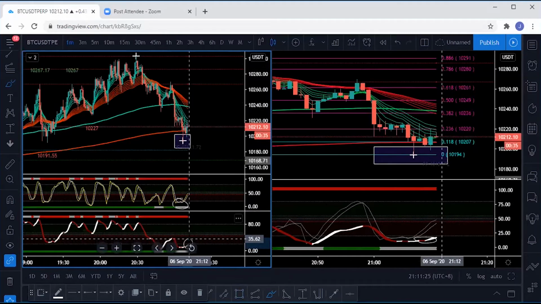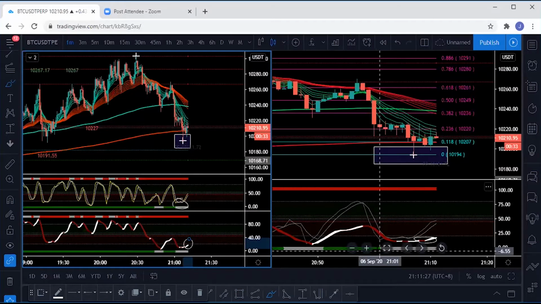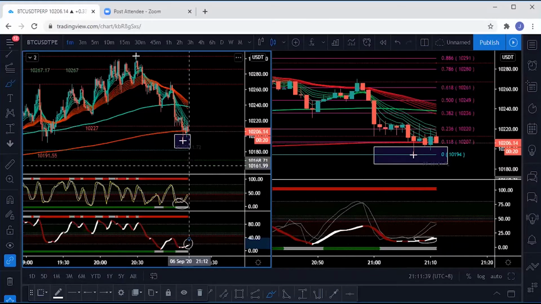but this is a very tight entry and you need to have a very tight stop loss, and you should exit properly or exit immediately. Okay, for example, you traded this scenario.